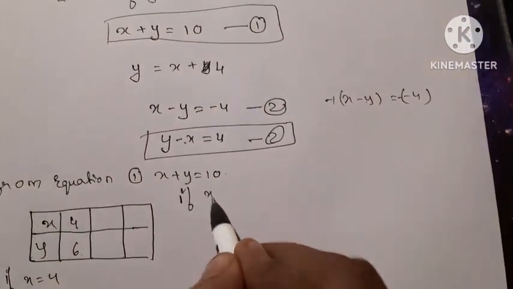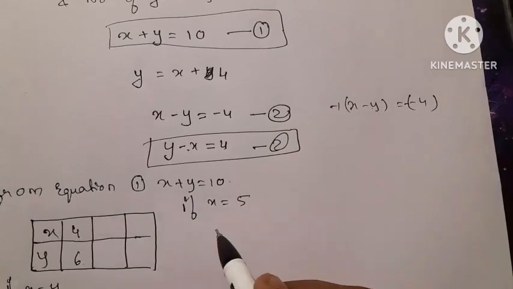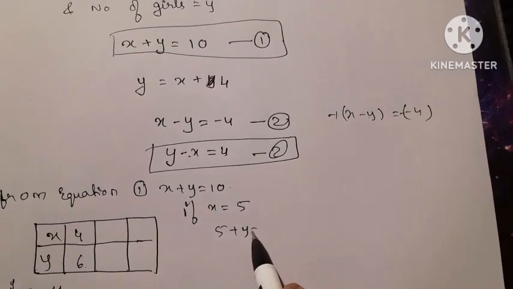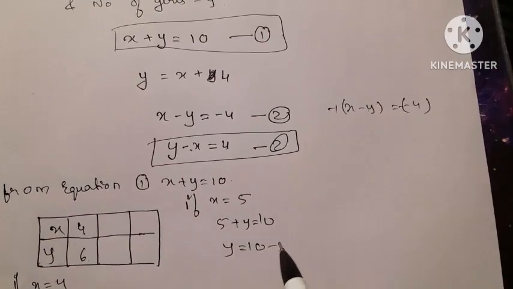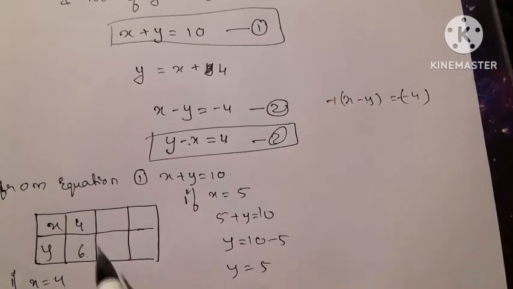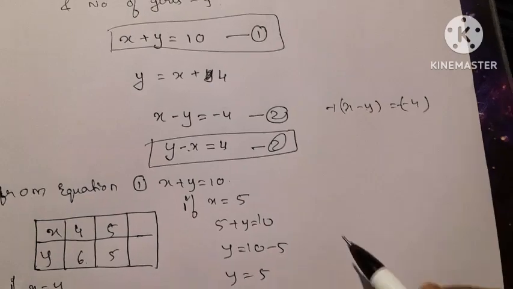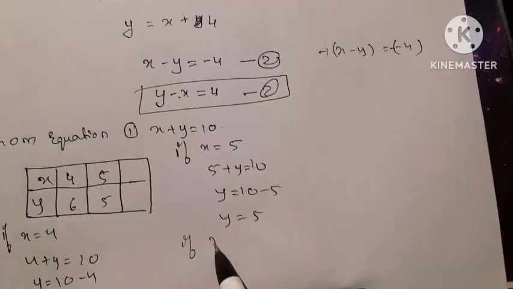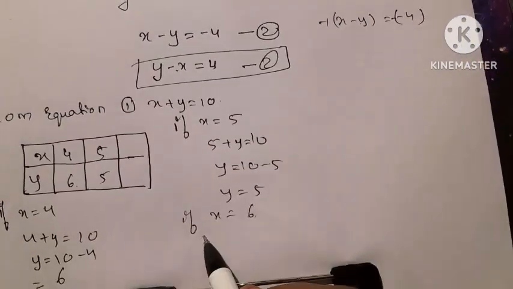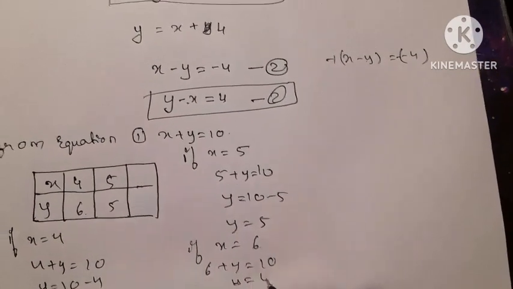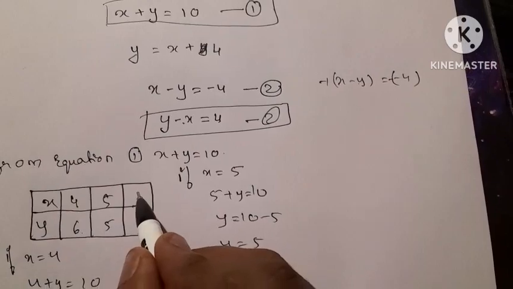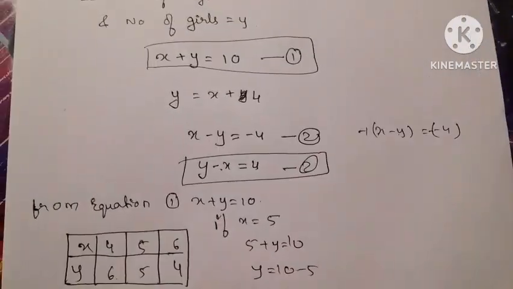If x is equal to 5, then 5 plus y equal to 10, y equal to 10 minus 5, y equal to 5. If x is equal to 6, then 6 plus y equal to 10, y equal to 4. So if x is equal to 6, y equal to 4.